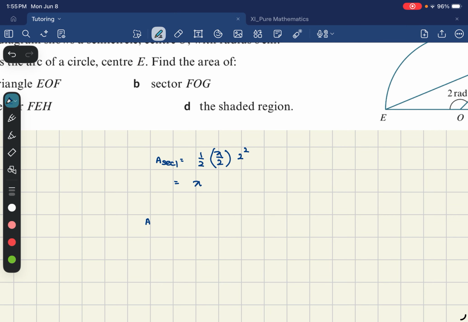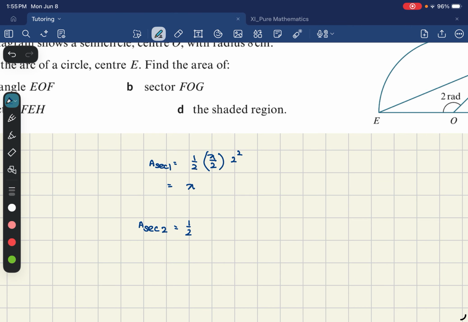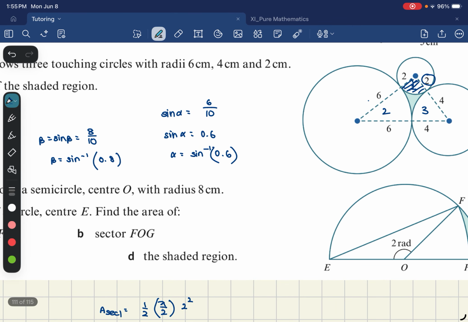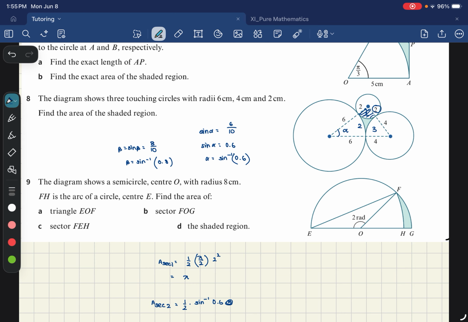What is this area of sector 1? What is area of sector 2? Area of sector 2 is going to be half. What is the angle? Angle is, I believe this was alpha, right? So alpha is sine inverse of 0.6. Sine inverse 0.6 times, I don't remember what I named alpha and what I named beta.